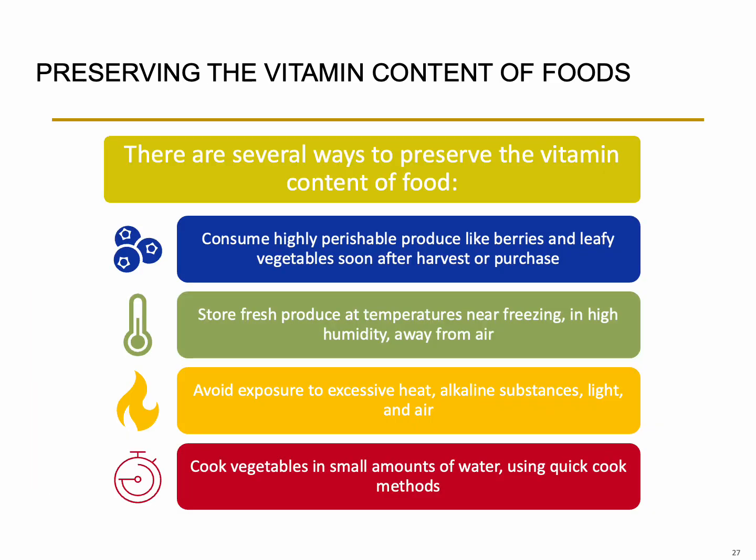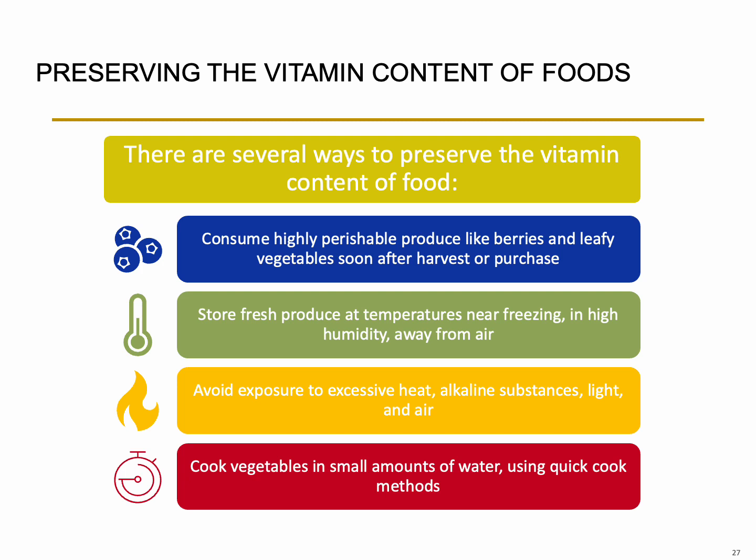Some good tips here around preserving vitamin content in foods. And I'll tend to focus on fruits and vegetables since that's the area where Americans are deficient. And one thing I always tell my patients is, well, fresh is the best.